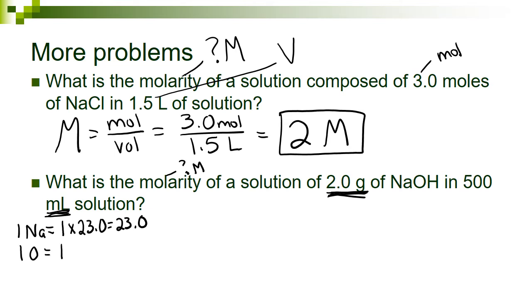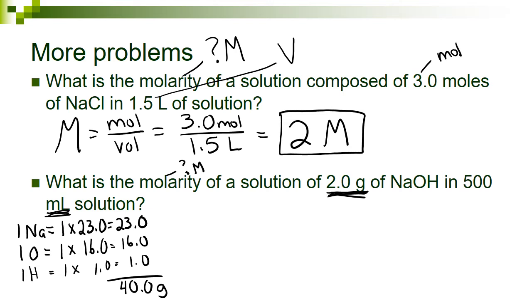They won't always be 0 though. I also have an oxygen, that's 1 times 16, and hydrogen, that's 1 times 1. And then I get to add everything up. Let's see here, carry the 1, that's 40. This means that we have 40 grams in 1 mole of sodium hydroxide.